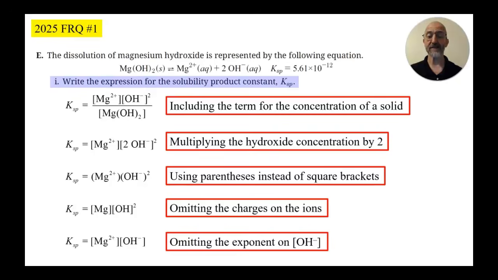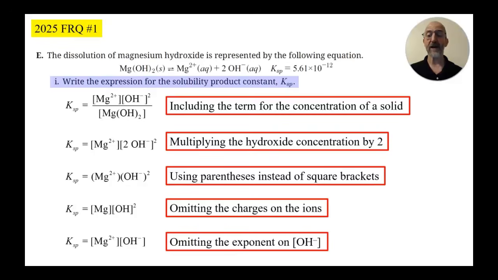So square brackets, not parentheses. And then the next two mistakes are either omitting the charges on the ions, so magnesium is +2 and hydroxide is -1, or omitting that exponent in the KSP expression, so the hydroxide concentration should be squared.